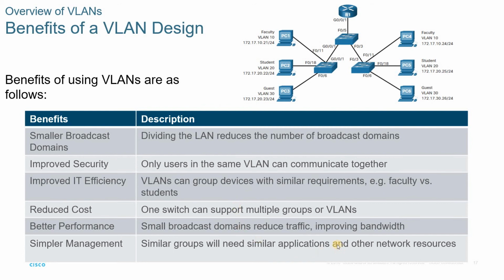Reduced cost, because you are using switches instead of routers to separate VLAN segments. The rest are self-explanatory. If you have a smaller broadcast domain, you get better network performance, and it's actually simpler to manage.